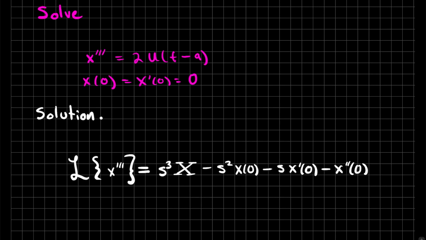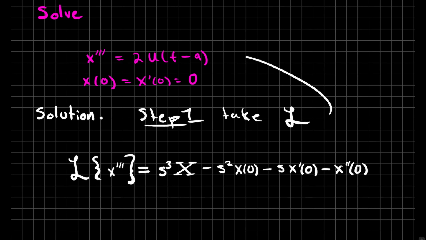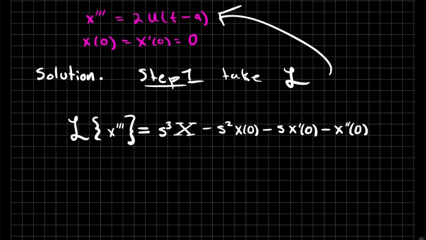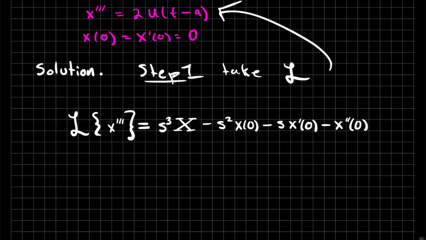In all of these examples where we're using the Laplace transform to solve an ODE, the first step is to take the Laplace transform of both sides. So step 1 is to take the Laplace of both sides of the ODE you want to solve. I've already done part of it. In practice, you're using a lot of tables, so it's important to understand the method and how to use your tables.